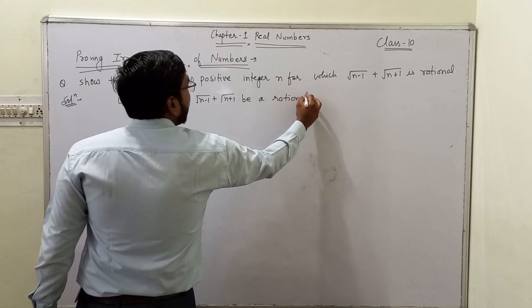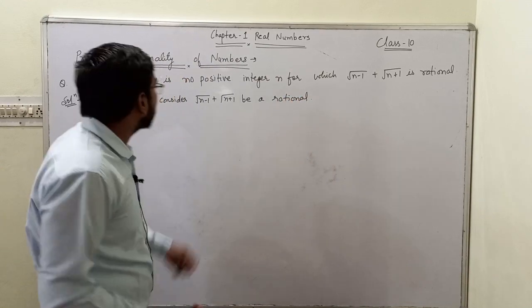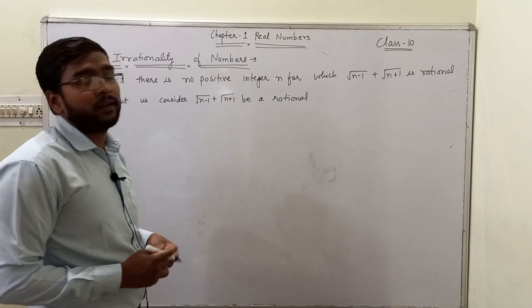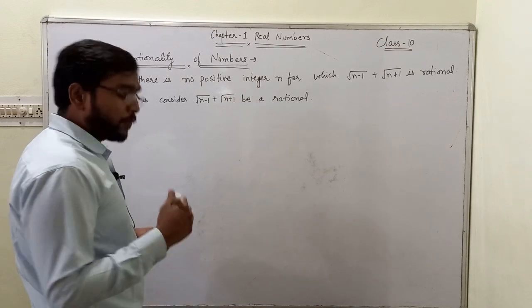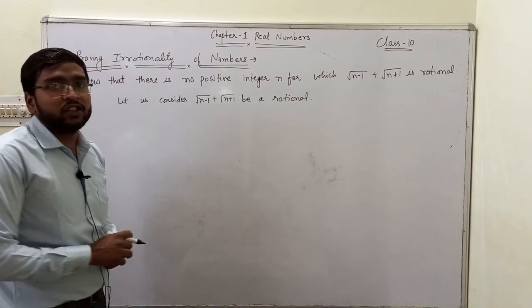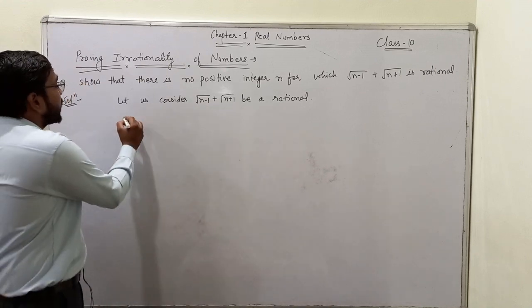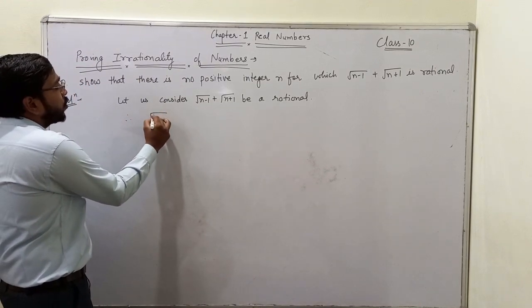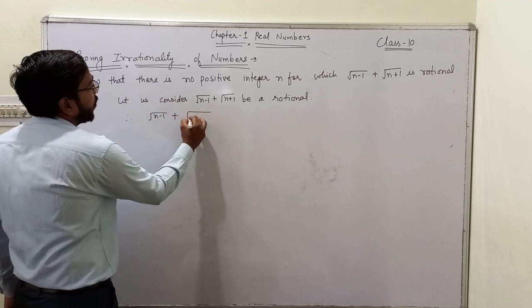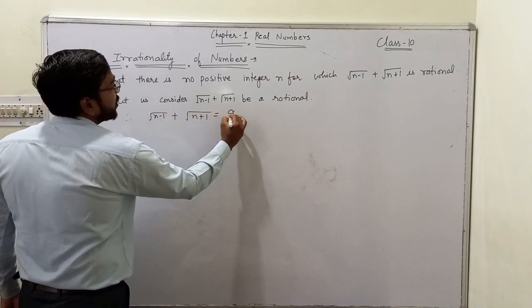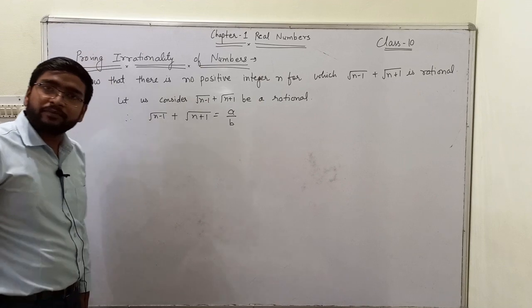Okay, we need to prove that it is irrational. There is no positive integer n. Okay, so we solve it by the method of contradiction. So we assume that this expression is rational. Therefore, we will write root n minus 1 plus root n plus 1 equals a upon b.